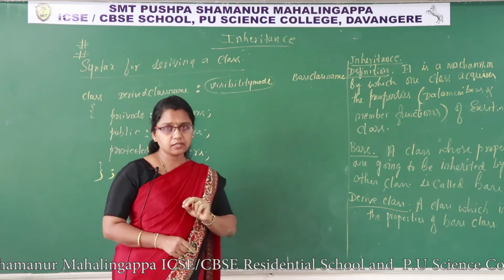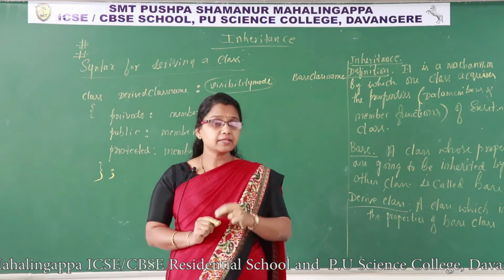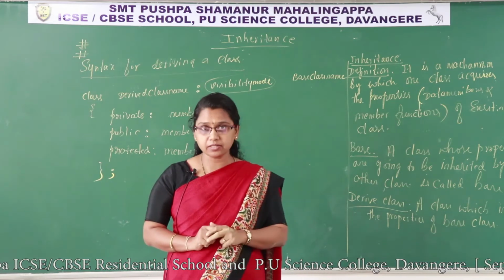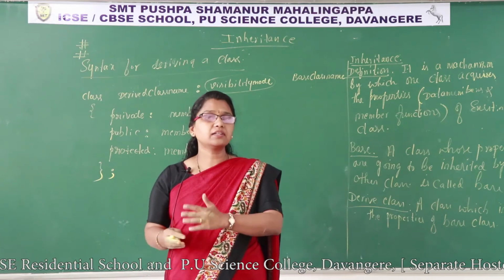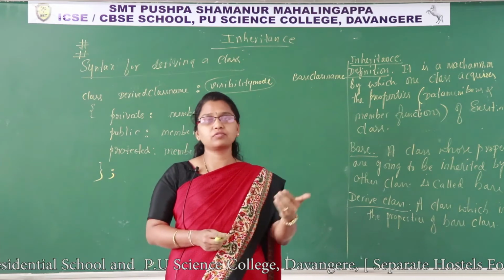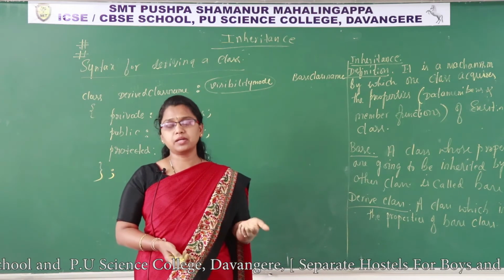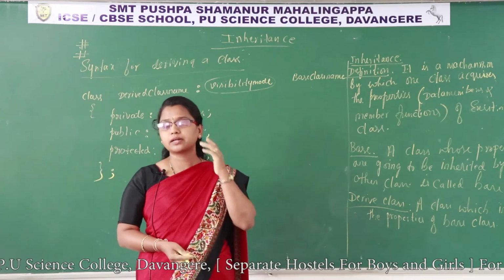So I hope you understood my question. Whether all the data members of the base class are going to be inherited to the derived class. What are the different categories of data members in every class? Private data, public data, protected data, or private members, public members and protected members.